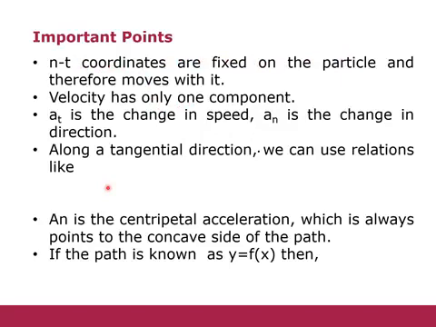Rather, in a rectangular coordinate system, the origin and references are fixed. Similarly, we have only one component of the velocity in the normal-tangential system, which is the tangential component only, right? Now, a_t is the change in its speed, whereas the normal component of the acceleration is due to the change in its direction, right?